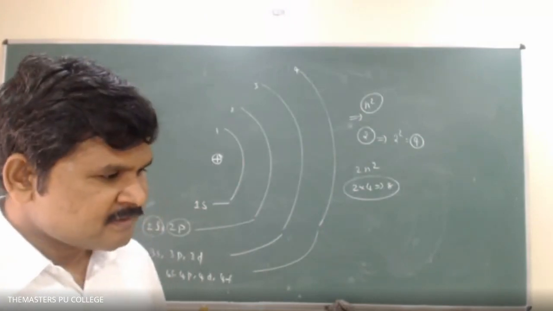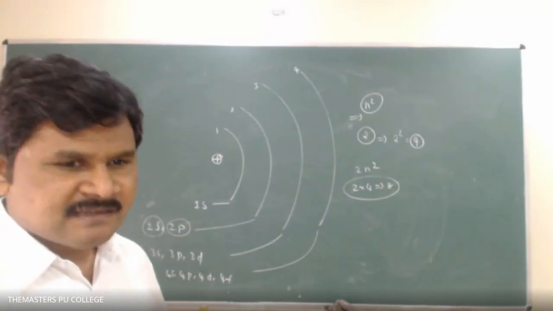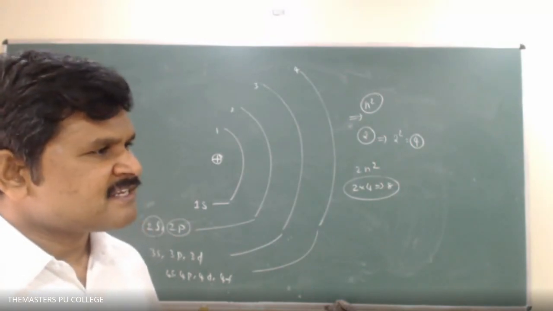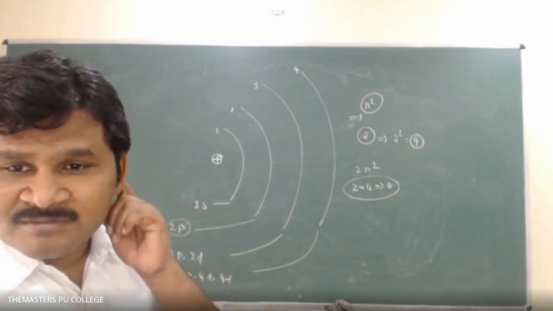Sir, what are the subshells present in the fifth orbit? 5s, 5p, 5d, 5f, 5g? Actually, we don't have that many; for the fifth shell it should be so, but subshells are only up to f.